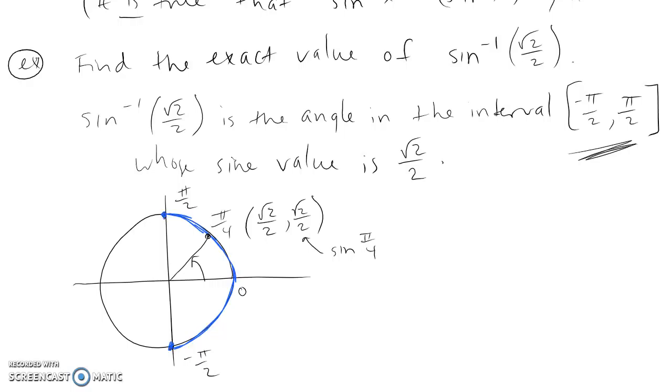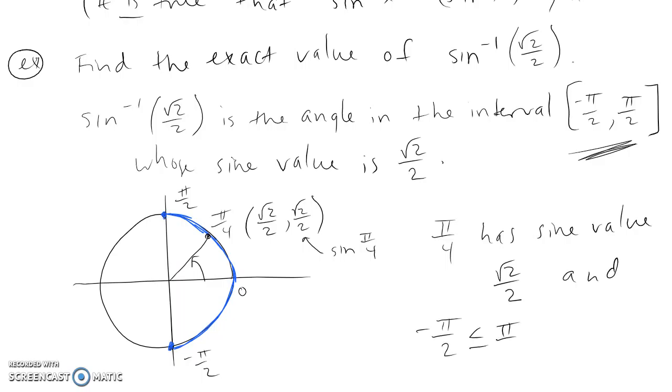And there's only one angle in this interval from negative pi over 2 to pi over 2 that has square root of 2 over 2 as a sine. If we went into the fourth quadrant, that would be negative. So pi over 4 has sine value square root of 2 over 2, and pi over 4 is in the right interval.